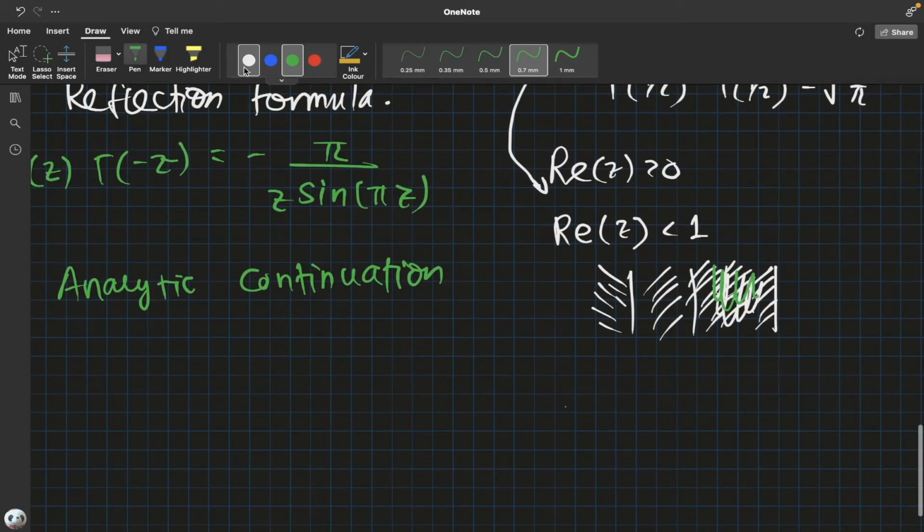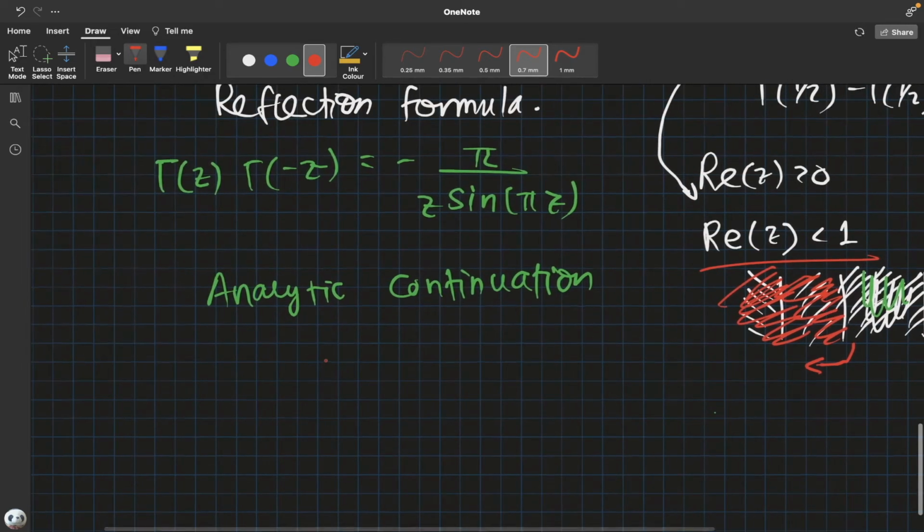We can extend this gamma function onto the region of convergence of this gamma function, which is essentially going to be all of the negative axis. So we've extended gamma into the negative.